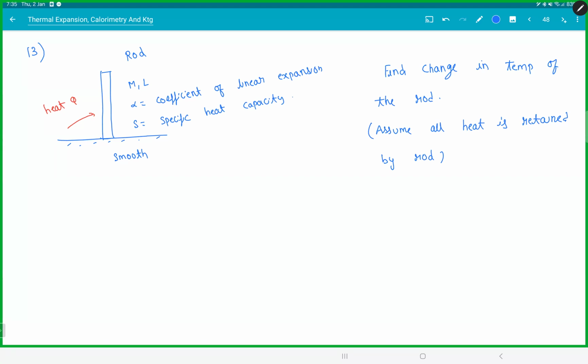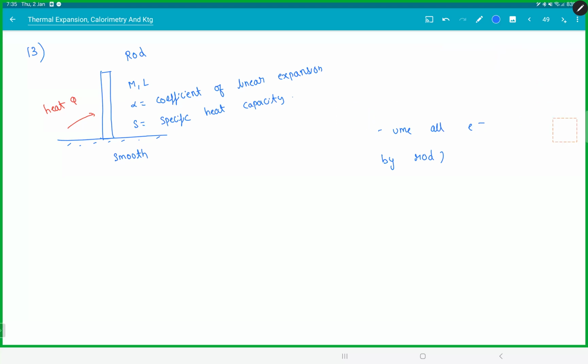Q by MS. Listen, there is a catch. That formula Q is MS delta T means what? If you want to change the temperature by delta T, I need to give heat Q. But here something is happening.